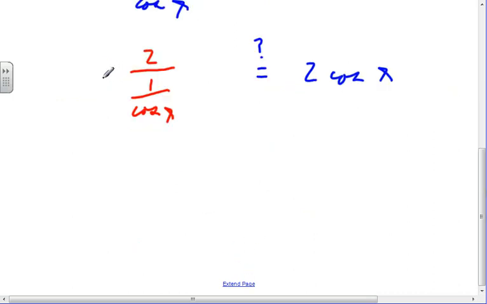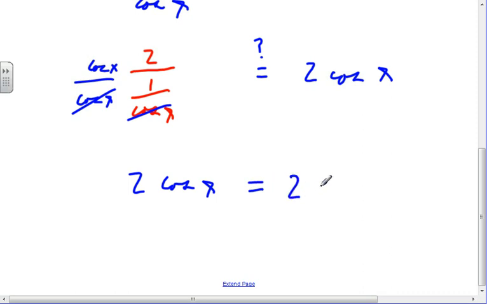So I'm going to multiply both top and bottom by cosine x. Way to go. Why did I put it there before? All right, cosine x over cosine x. These guys go away. I got 2 cosine x on that side is equal to 2 cosine x on the other side. I get out my marker, check.